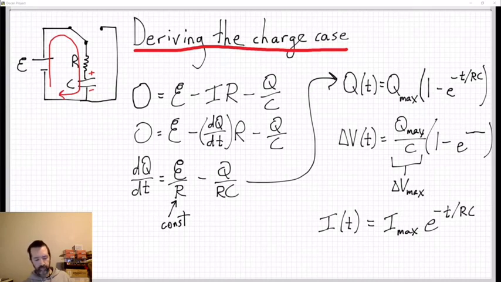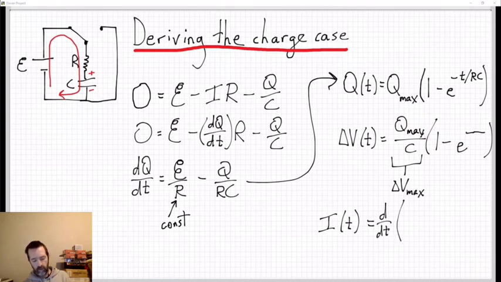So let me try to justify that. What I need to do is take d by dt of Q max minus Q max e to the negative t over RC. So again, the derivative of that first term is just 0.